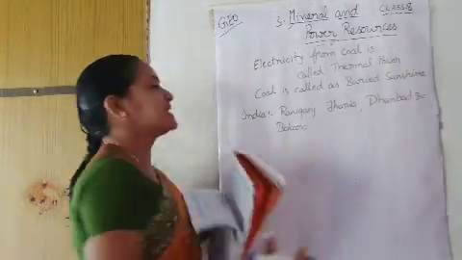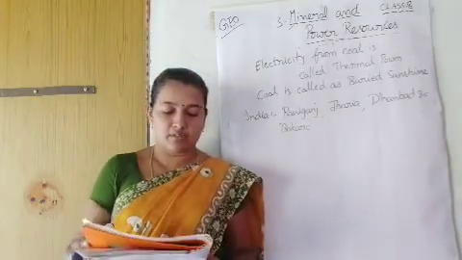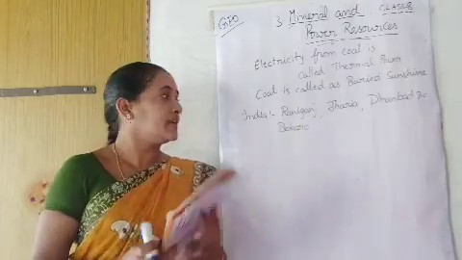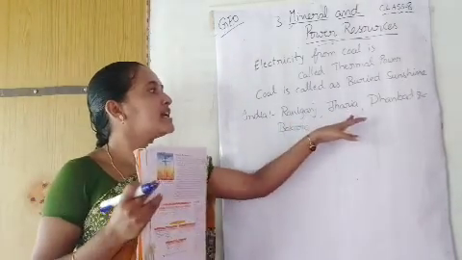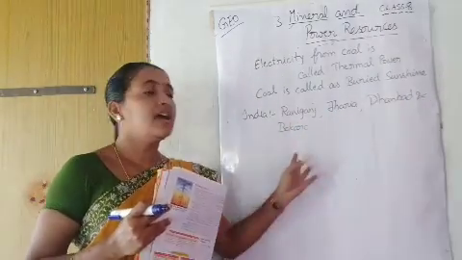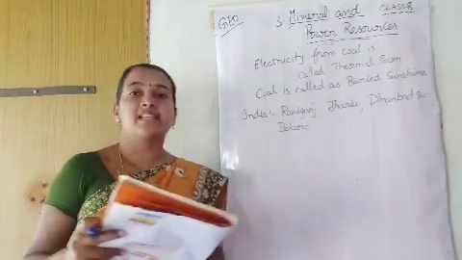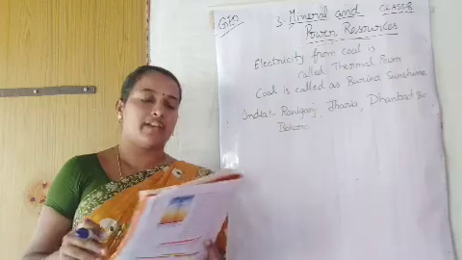So in these places coal mines are available for us. Raniganj, Jharia, Dhanbad and Bokaro in Jharkhand. Here coal mines and coal deposits are available.